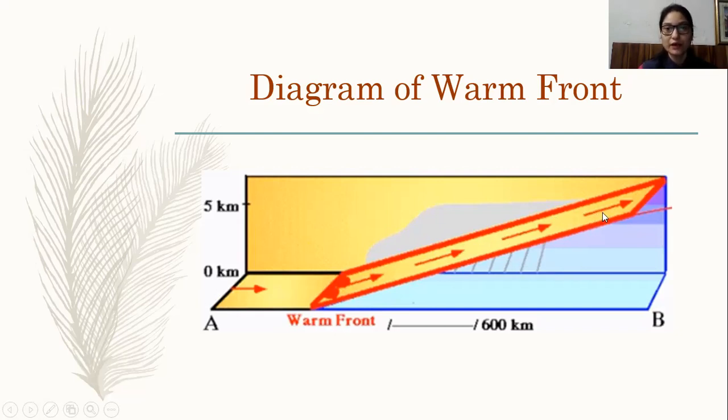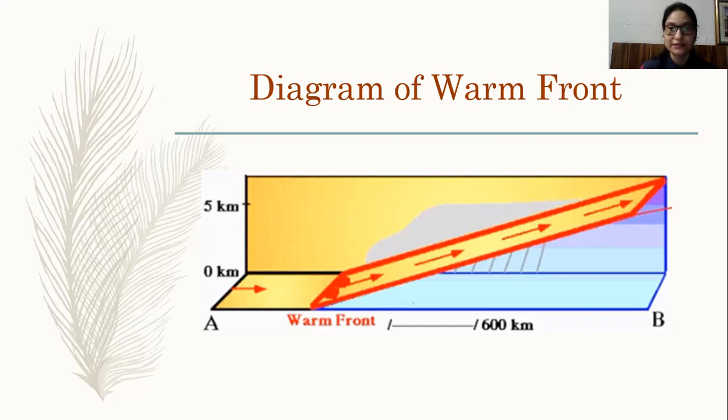Okay, and this cooling effect on the air leads to saturation of the air. Saturation means already it had some moisture content, and because of its cooling effect, now it has become saturated. Now it cannot hold any more moisture. Okay, and now it is trying to shed the moisture.